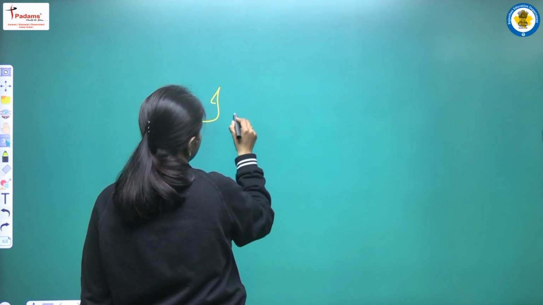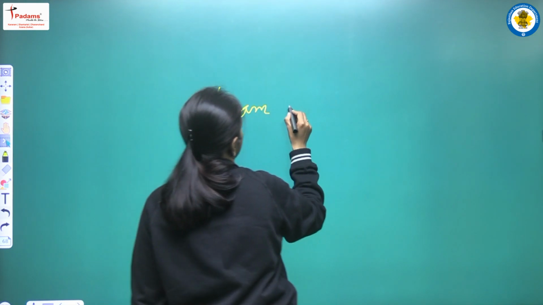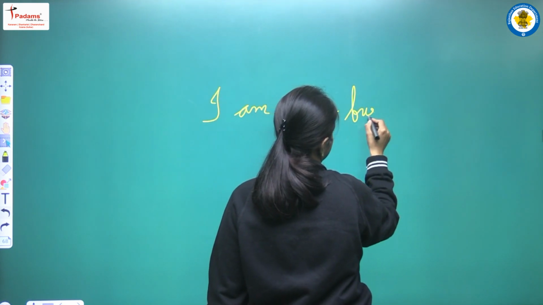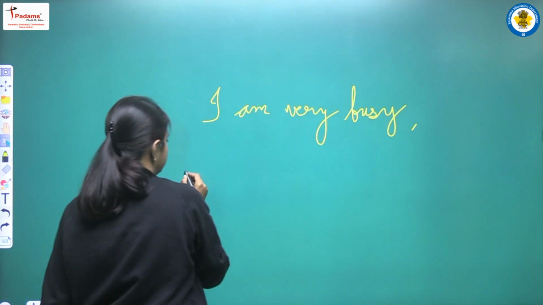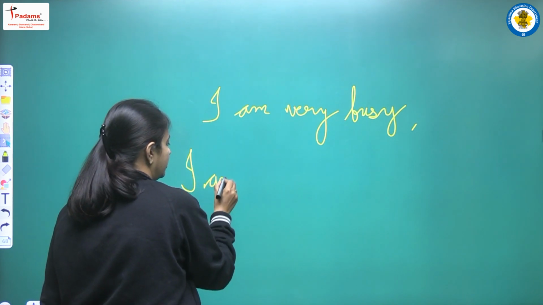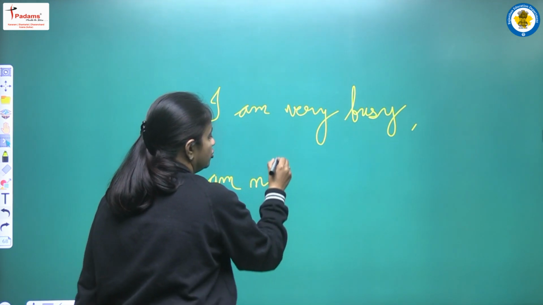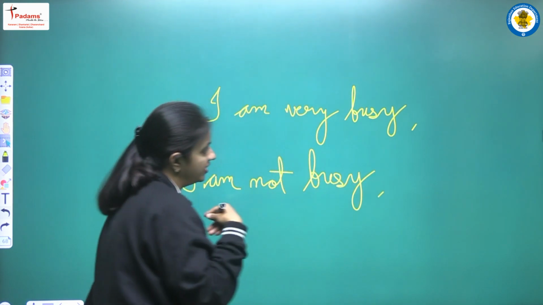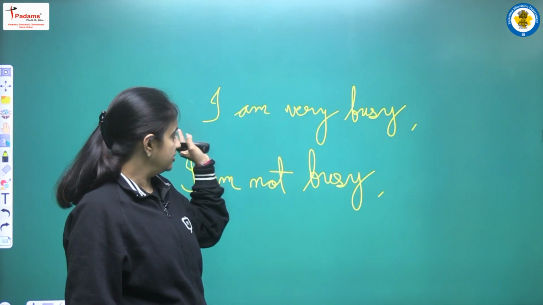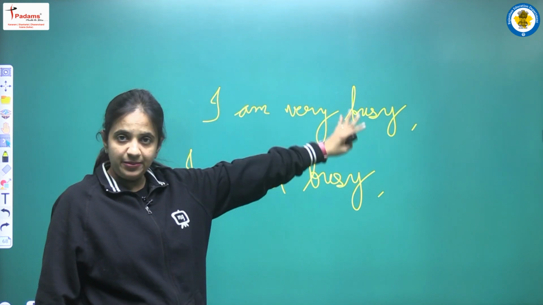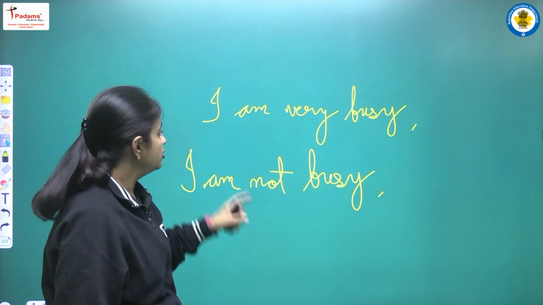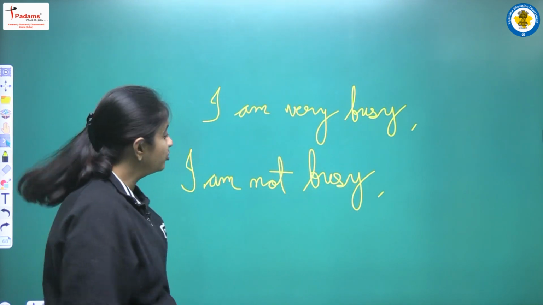Suppose I have: I am very busy, and another sentence: I am not busy. What is the difference? This is a positive sentence, I am very busy, and I am not busy is a negative sentence. Now let's try to add a question tag to both sentences.